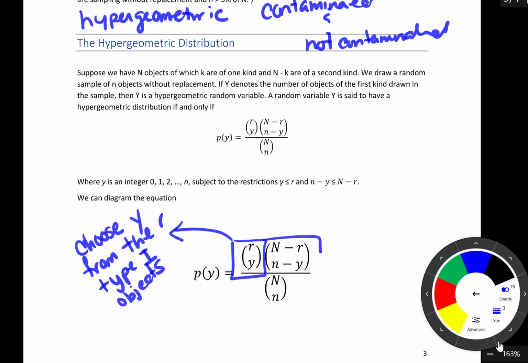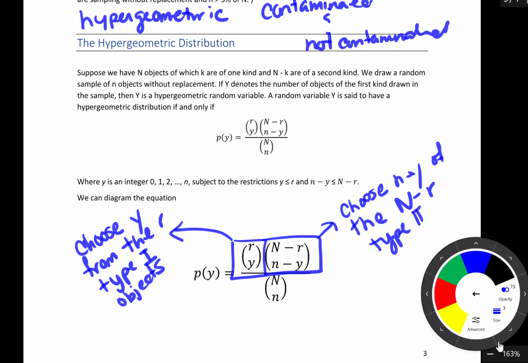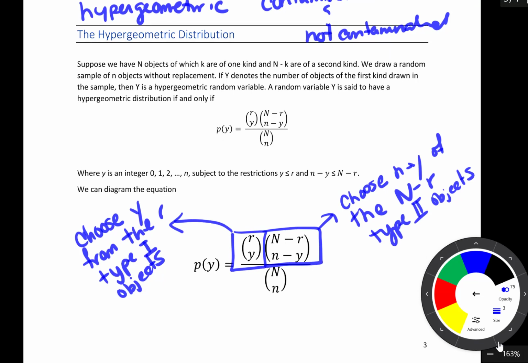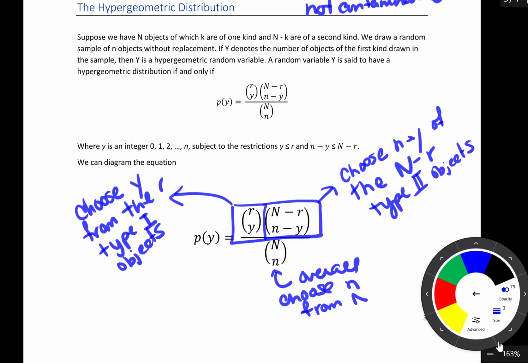The second term here is going to choose n minus y of the N minus r type 2 objects. And then the bottom accounts for the overall ordering, where we're going to have to choose a total of little n from capital N objects.